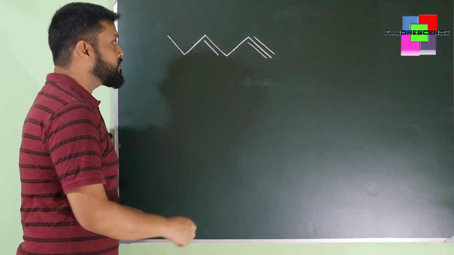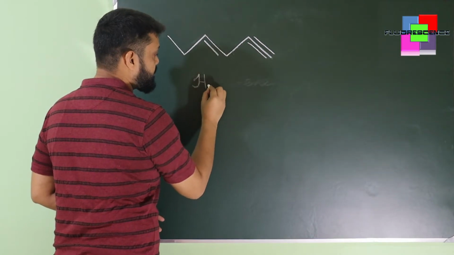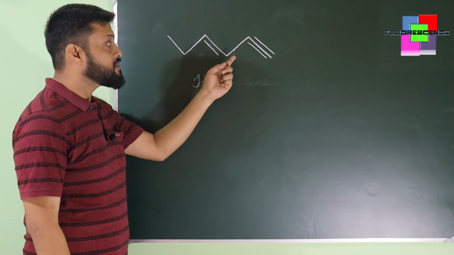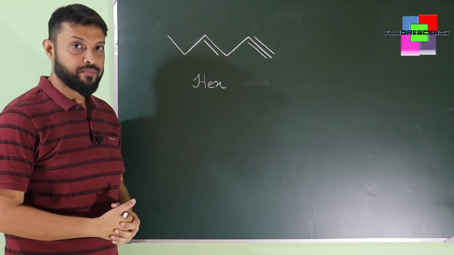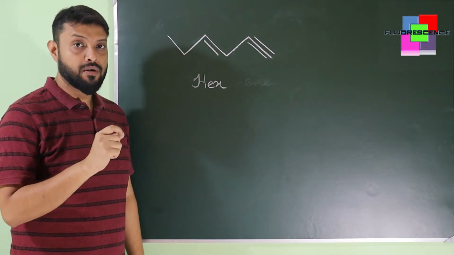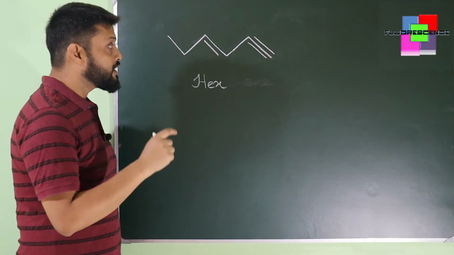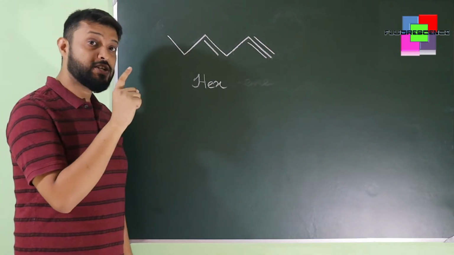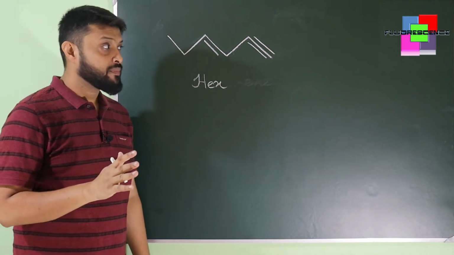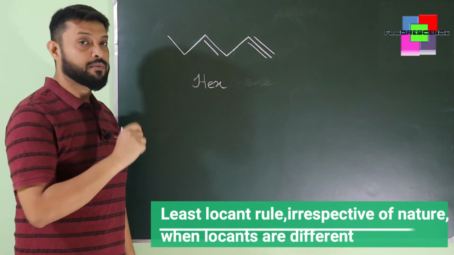Now in this compound, first of all, 1, 2, 3, 4, 5, 6, hex. It is the total number of carbons. Now see, I have given you a double bond as well as a triple bond. When the locants of the double bond and triple bond are different, locant meaning the position from which it is starting, irrespective of their nature, you will look at the locants of these multiple bonds.